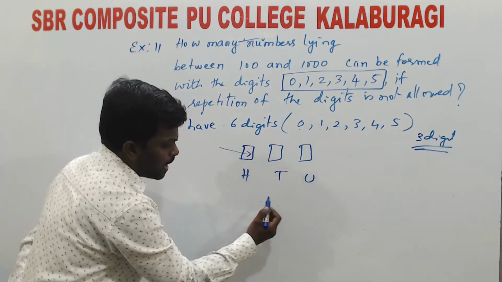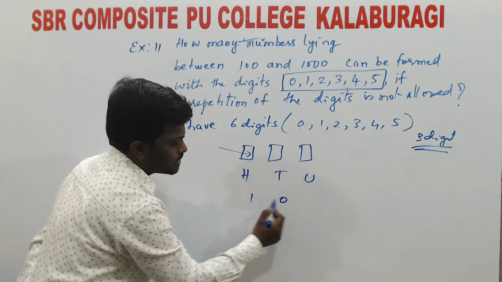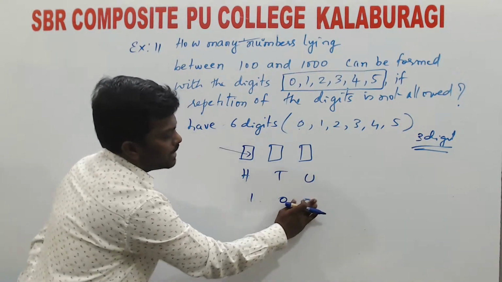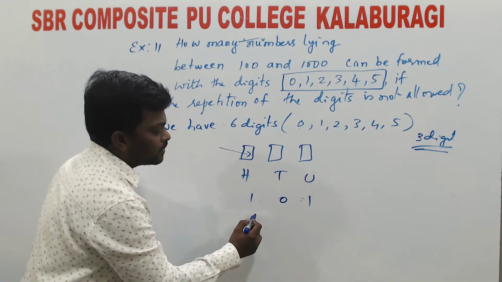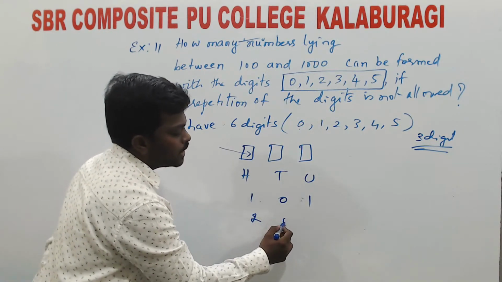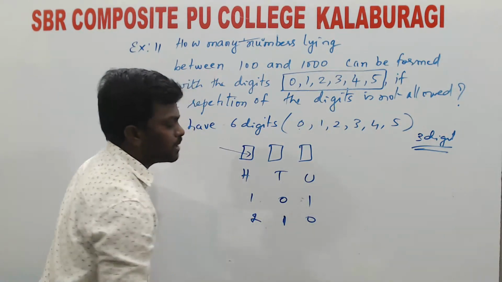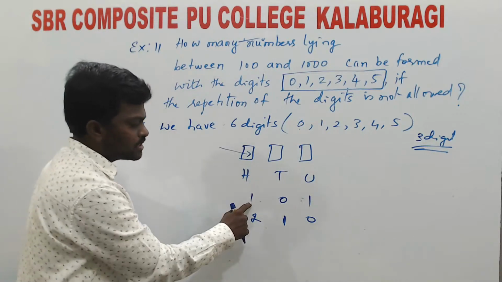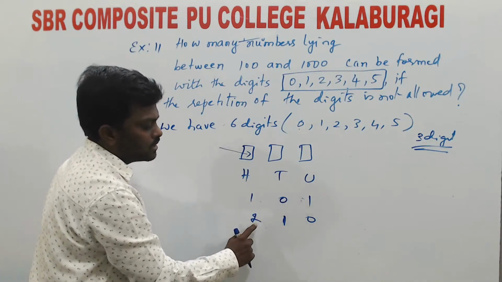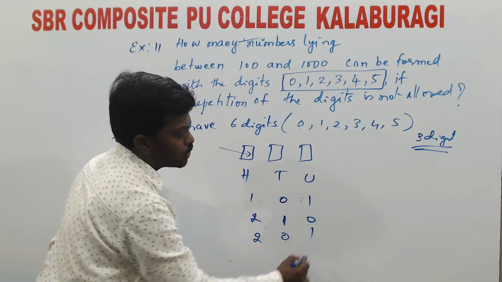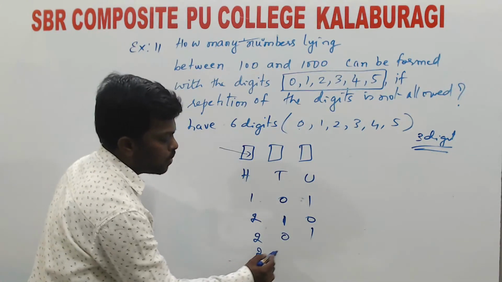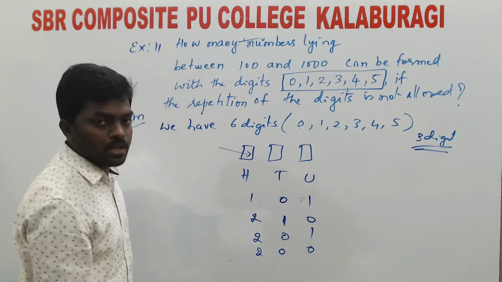If this 0 appears in the tens place, it doesn't matter, and if it appears in the last place, it also doesn't matter, because this will be read as 101, this as 210, this as 201, and 200 is also possible.